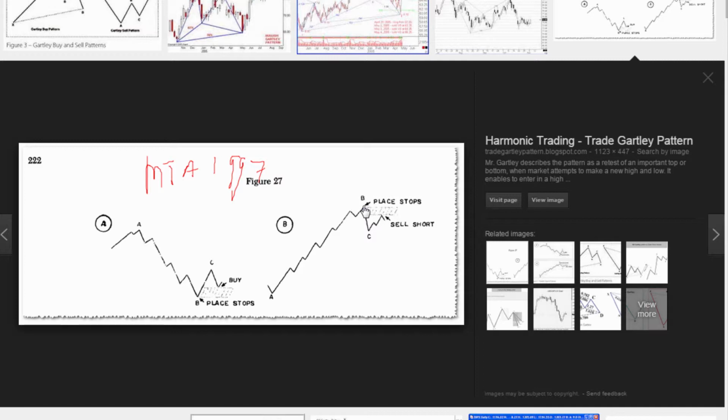So Larry saw this. He went home, he opened the book, and he saw this page, and he saw this. And he thought, wow, that's a beautiful pattern. And he called it the Gartley 222. So that's where the original Gartley came from.